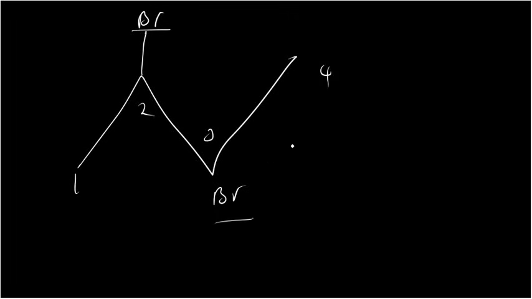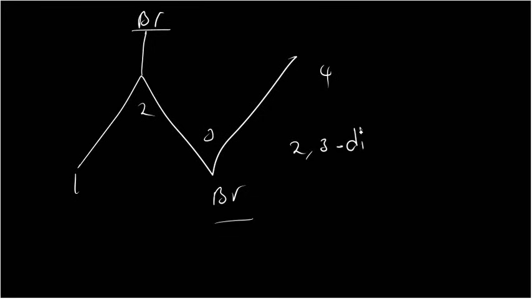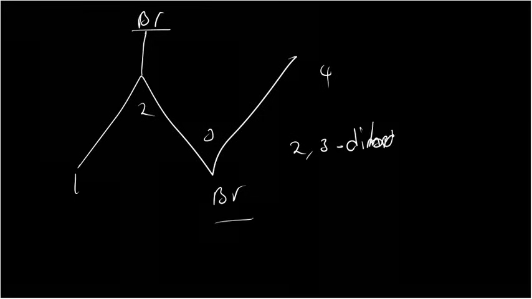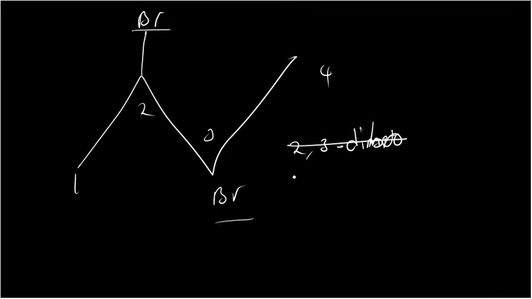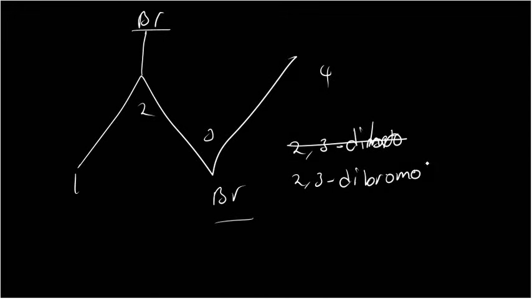So what you have is 2, 3. How many bromine? 2. So you have to say dibromo. I've said di what? Bromo. 2, 3, dibromobutane. So we only follow the alphabet.